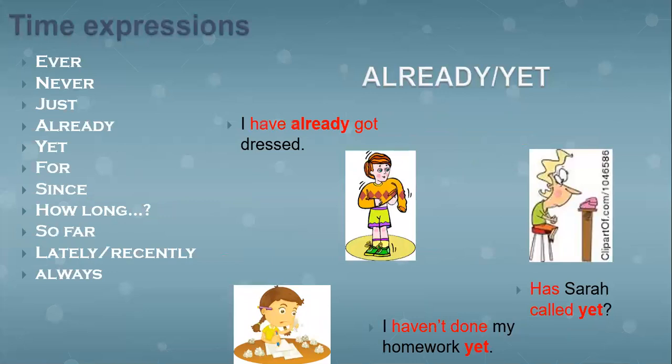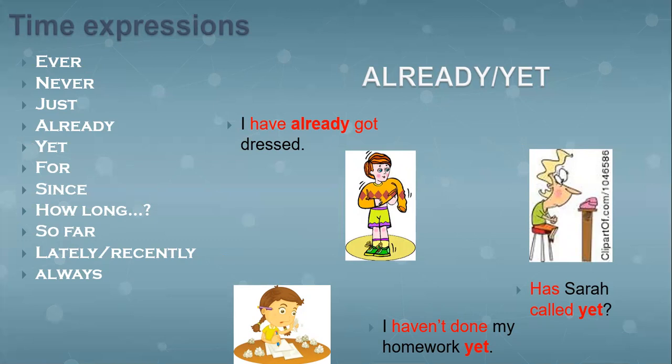Okay, so let's look at some time expressions. Like what are the key words to the present perfect tense? We have ever, and ever is used in the question form. Have you ever tried bungee jumping? No, I have never tried bungee jumping.